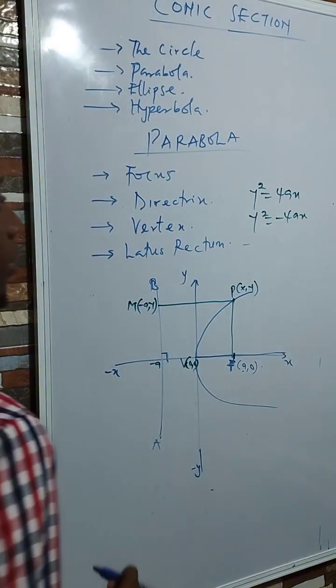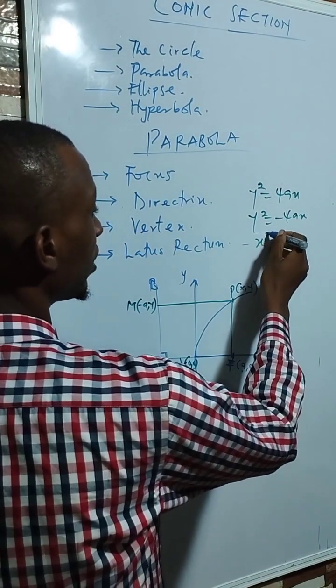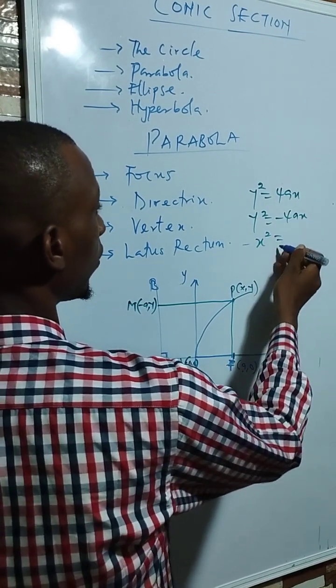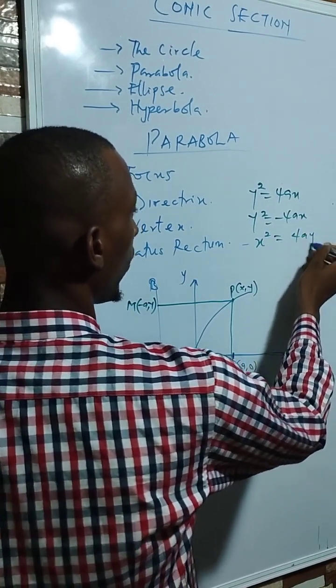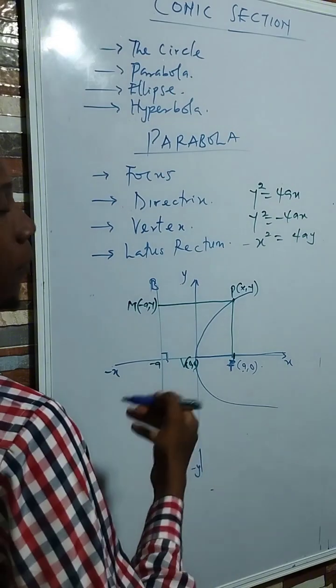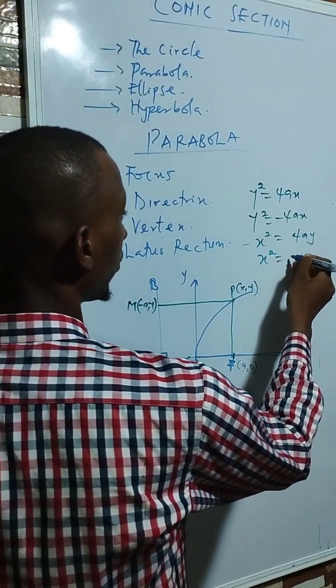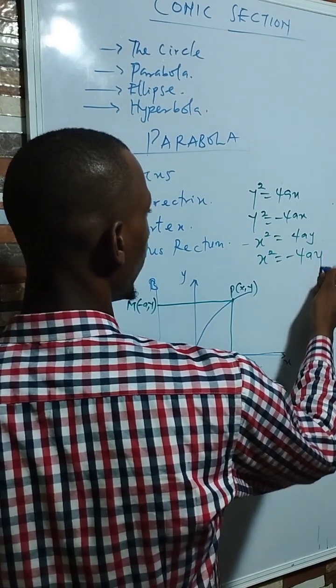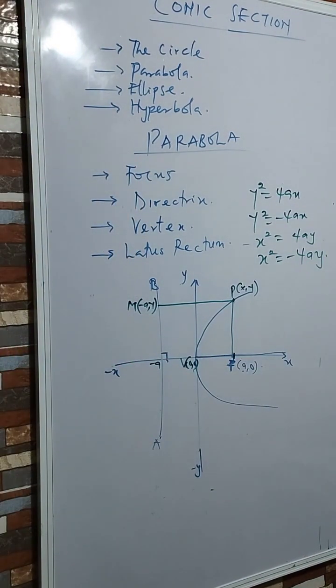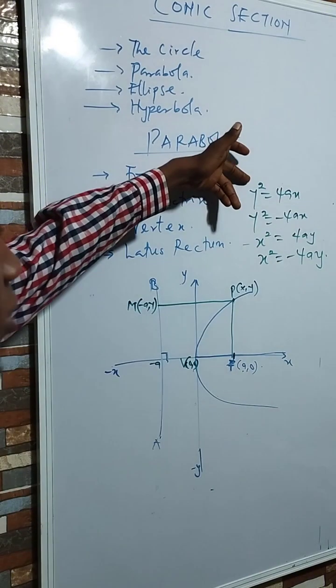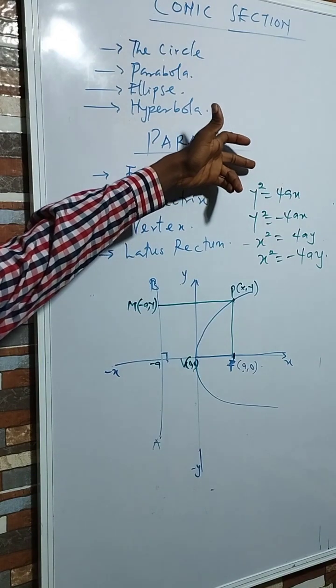Another way, you can have a parabola in the format of x squared equals 4ay. We can also have x squared equals minus 4ay. These are the formats by which a particular parabola can come. So when a question is given, you need to identify what form the parabola is. Is it the form of y squared equals 4ax?